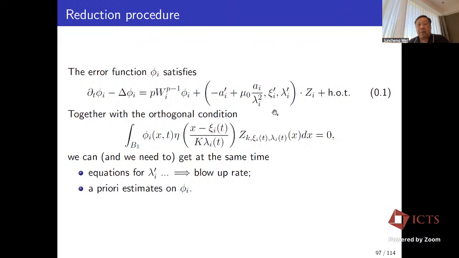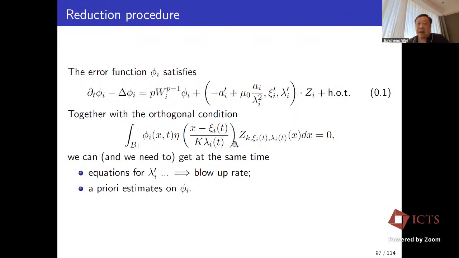The error function in the problem is the linearized problem, with the dynamics with lambda prime, kappa prime, for high order terms. Now, these terms are where we don't have any regularity. So this regularity will come from the phi. And we need to get the estimate for phi and the estimate for kappa_i prime, estimate for lambda_i prime at the same time.